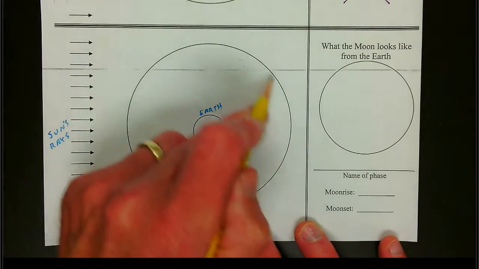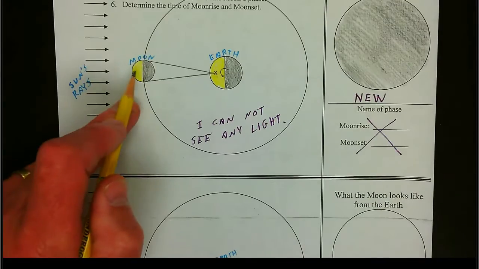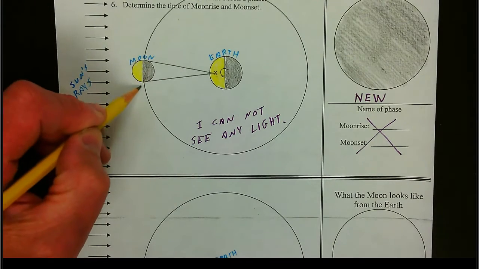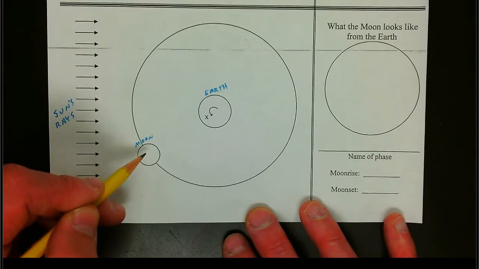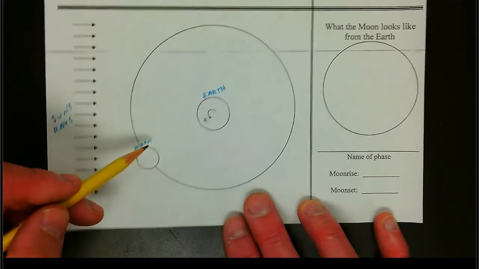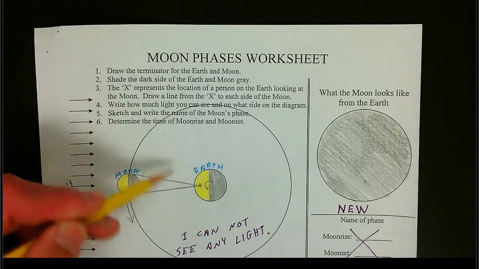Remember, this big circle here is the path that the moon takes around the earth. So there's the moon in that position. We're going to follow the same directions that we followed for this first diagram.